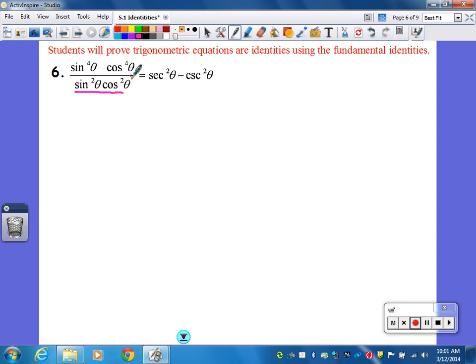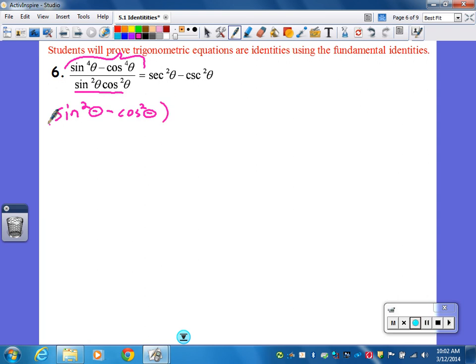Well, I know that there's more on this half of the equal sign, okay? So I'm gonna work with that side. Well, once again, from before, we know that we have the difference of squares. So sine squared theta minus cosine squared theta.